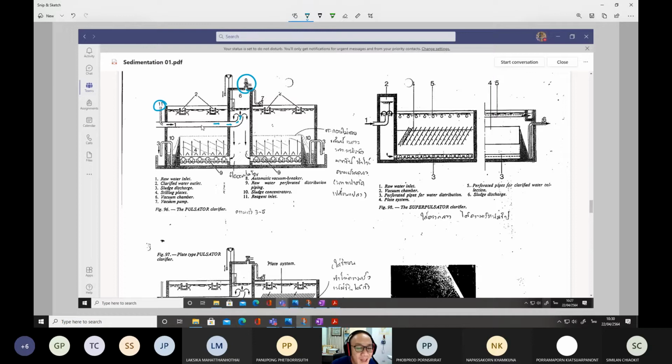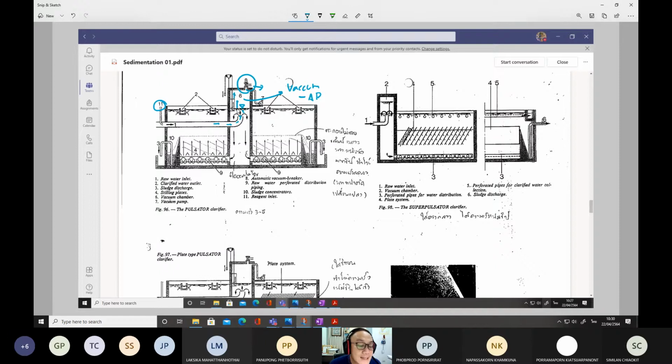When the water gets into this central chamber, if we suck the air out, the chamber becomes a vacuum. It gives a negative pressure. Once negative pressure is applied inside this tower, what will happen? Just like when we suck water, the water level will increase, right?